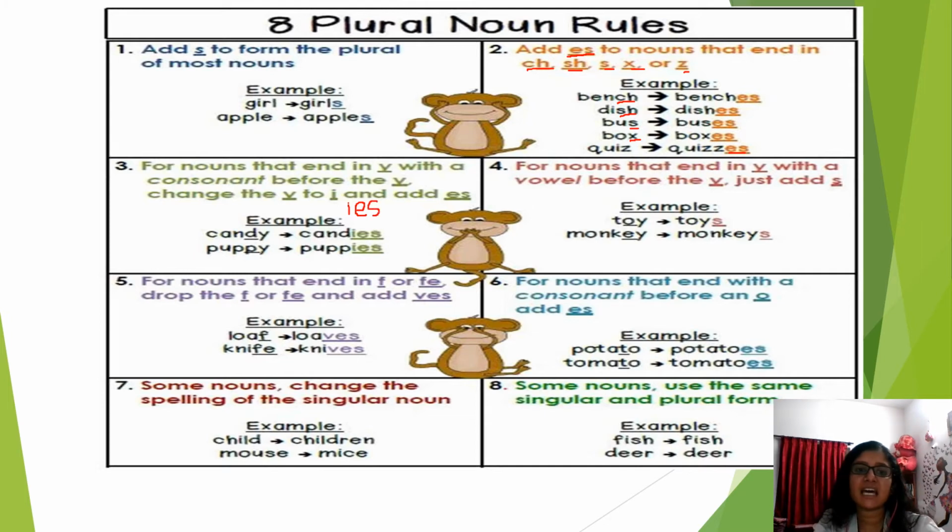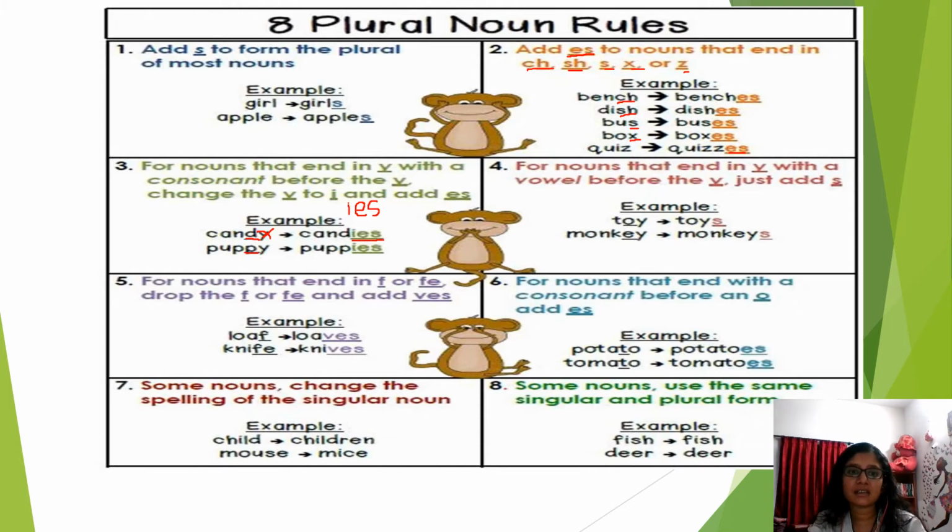Here you can see candy. So d is a consonant. It is not a vowel. So since d is a consonant, you are taking out this y and bringing in ies here. You can see it clearly. The same way, puppy. The letter before y, p, is a consonant.